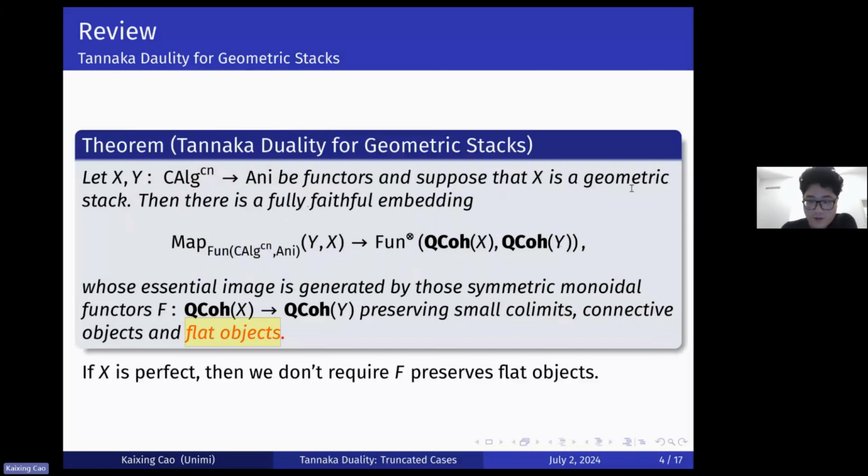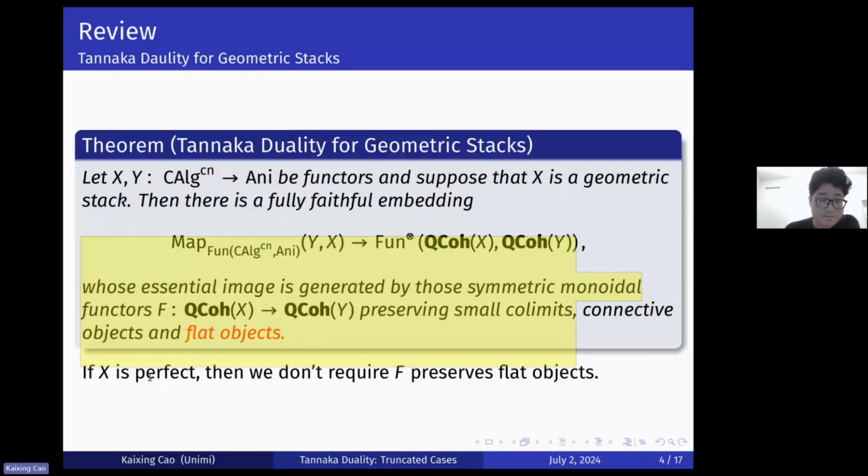So it means that for geometric stacks, we can recover the stack from its quasi-coherent category. Here, this shows that the Y-points of X are equivalent to this full subcategory, and we require that the symmetric monoidal functors lying in the essential image preserve the flat objects.